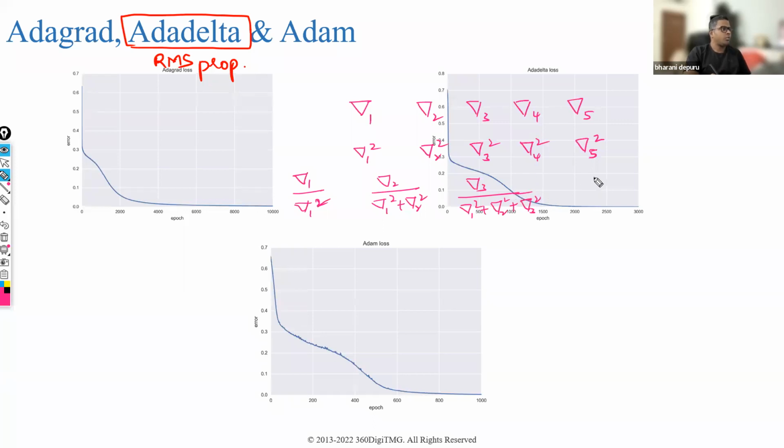At this step, it was grad 4 divided by grad 1 square plus grad 2 square plus grad 3 square, etc. plus grad 4 square. So using everything right from the beginning, all these squared values will be used eventually. And then you get this new update, new weight.